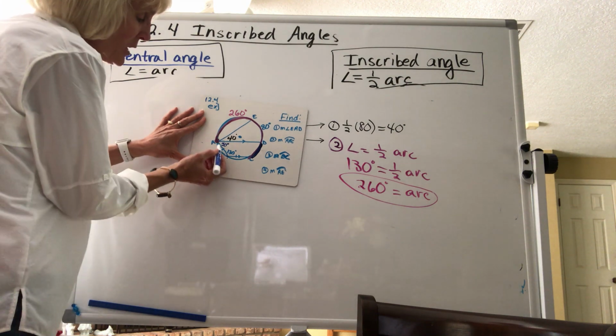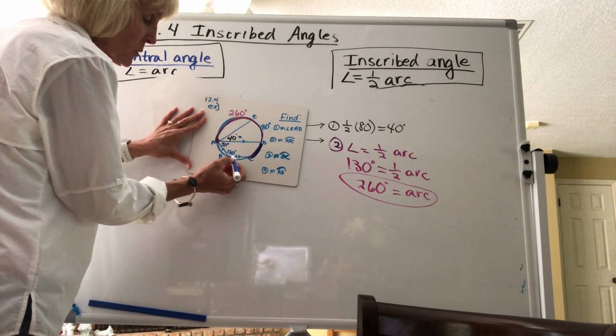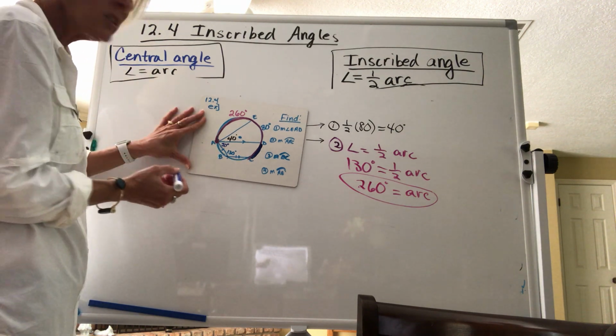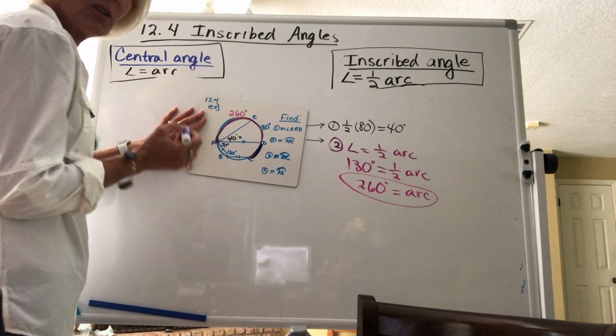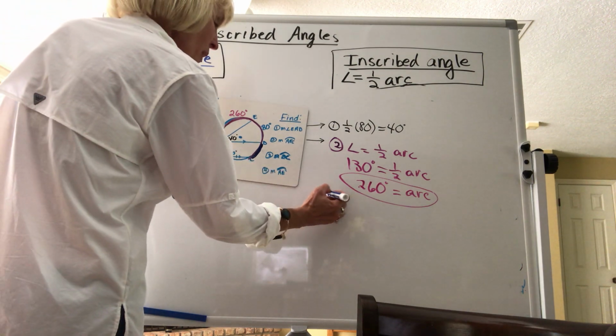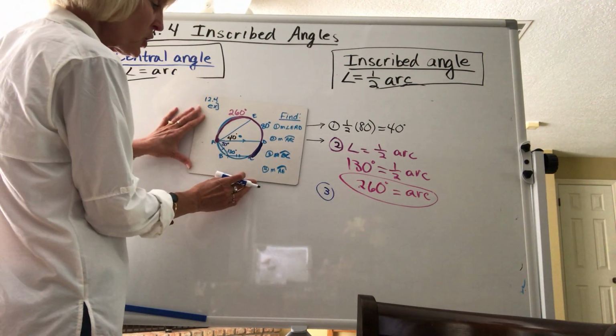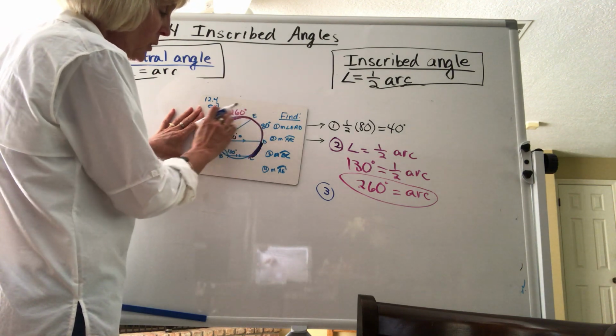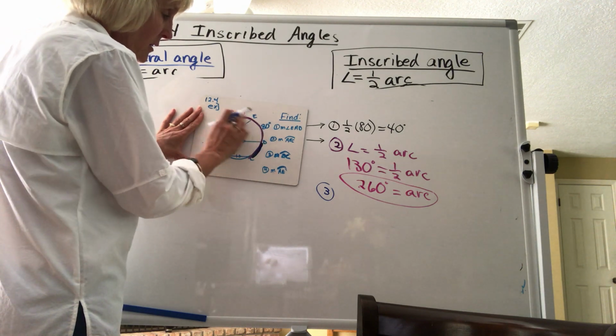Okay? And then we have these two chords that are given to me as congruent. So if those chords are congruent, then their arcs have to be congruent. So we want to think about that as well. Now for this one, they just want us to know arc DC. Well, we already know all of this is 260, okay?